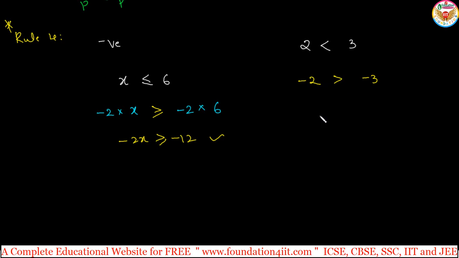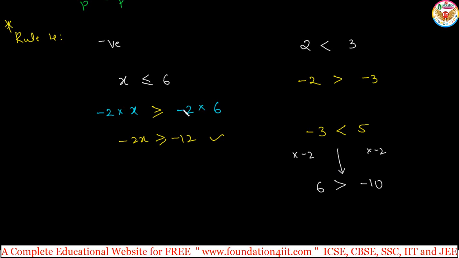Or else, minus 3 is less than 5. If I multiply both sides by minus 2, what will happen? Minus 2 into minus 3 is 6, and 5 into minus 2 is minus 10. But 6 is not less, so it becomes greater. So the inequality sign is changed, you see.